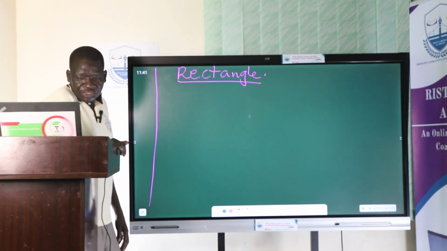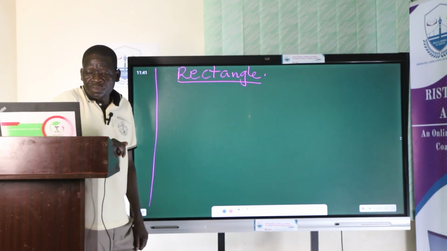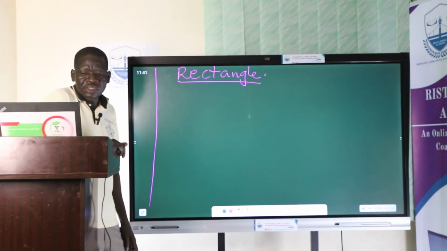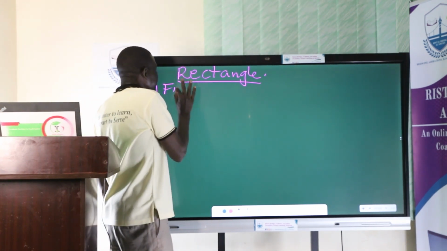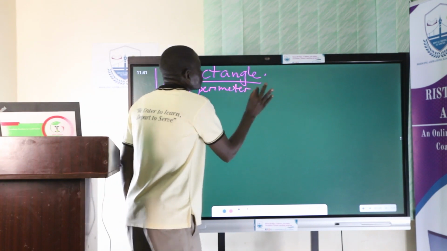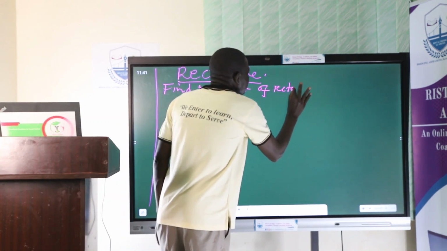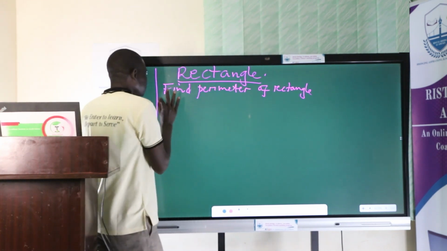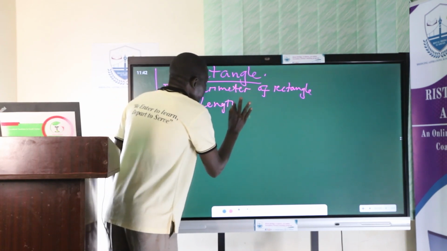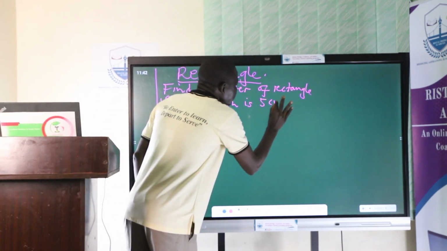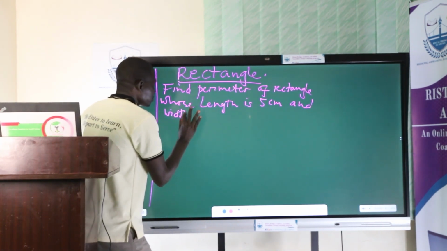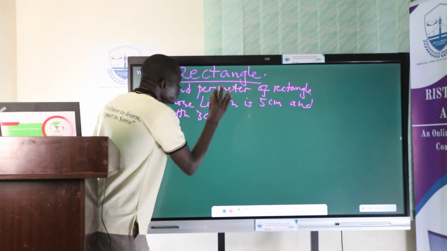The question says: find the perimeter of a rectangle whose length is 5 centimeters and width is 3 centimeters.